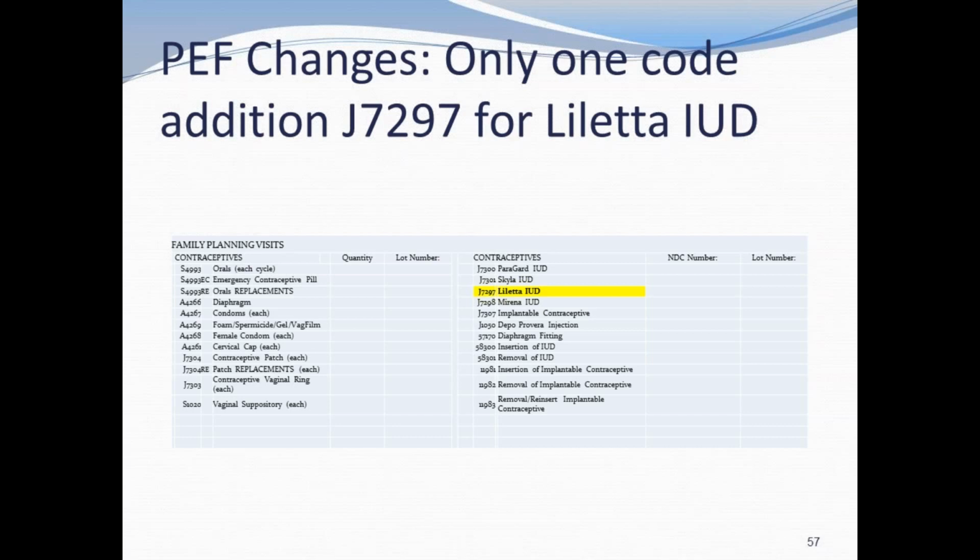We have added that to the PEF so that if you're using this, you can code it now. So it has been added on there just in case you needed it. And like I said, there's a whole lot of information on this PEF, but that's the main change that I did for this year.